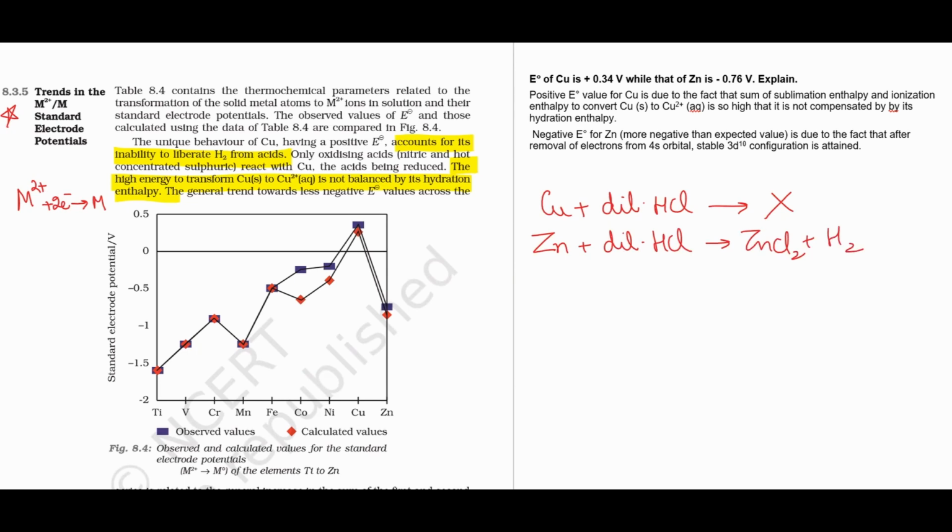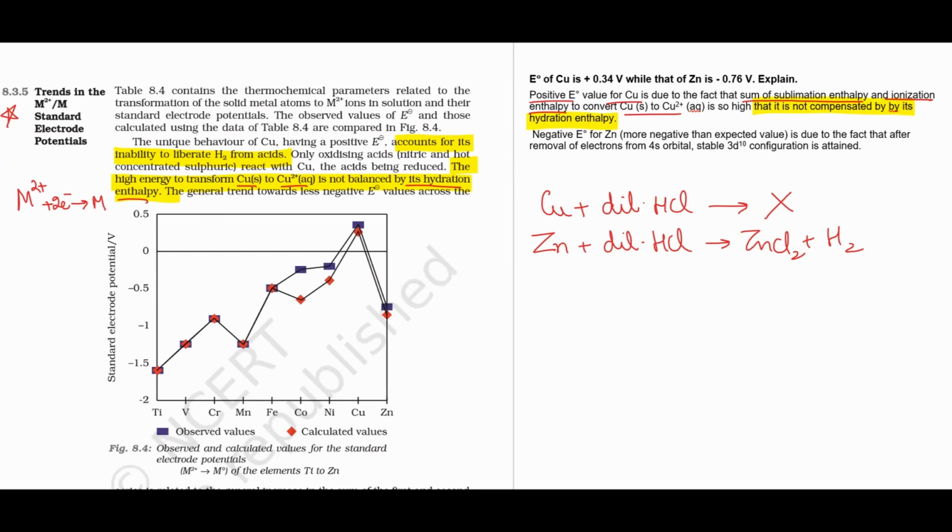The reason is high energy to transform copper to copper ion is not balanced by its hydration enthalpy. In other words, positive E0 value for copper is due to the fact that sum of sublimation enthalpy and ionization enthalpy to convert copper to copper 2+ ion is so high that it is not compensated by its hydration enthalpy.